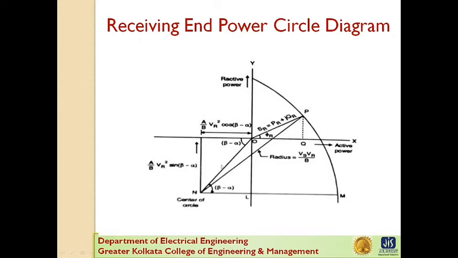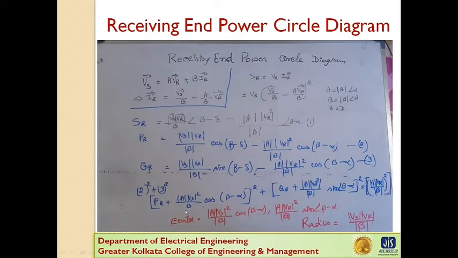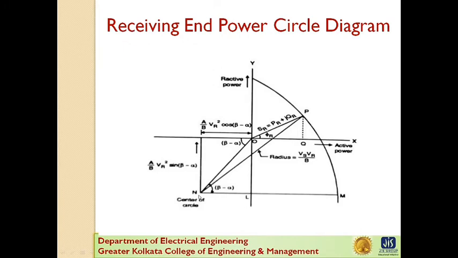Now this is our origin and this is the center. The center is A Vr square by B cos beta minus alpha and A Vr square by B sin beta minus alpha. So this is located in the third quadrant, and this is equal to A by B VR square cos beta minus alpha, and this is equal to A by B VR square sin beta minus alpha.